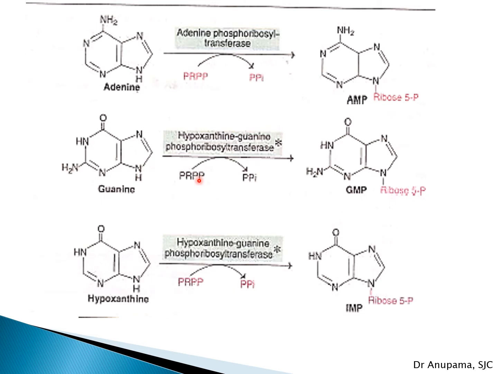PRPP becomes the donor for ribose 5-phosphate, but the enzyme that catalyzes the reaction is hypoxanthine guanine phosphoribosyl transferase. Then when it is hypoxanthine, same thing, we get IMP after the transfer of ribose 5-phosphate by PRPP, and the reaction is catalyzed by hypoxanthine guanine phosphoribosyl transferase.